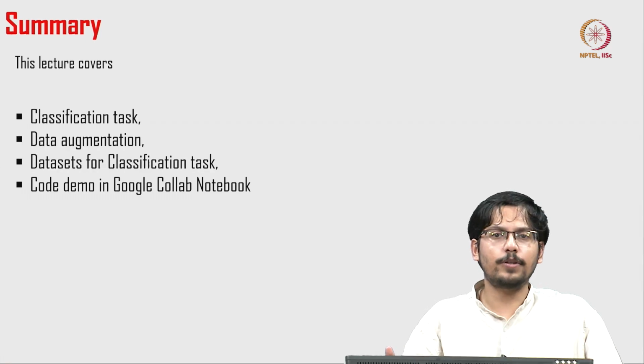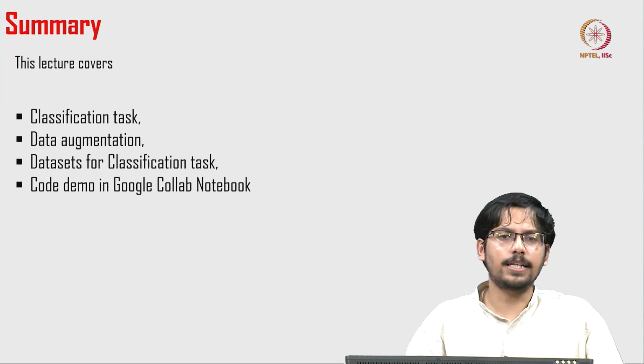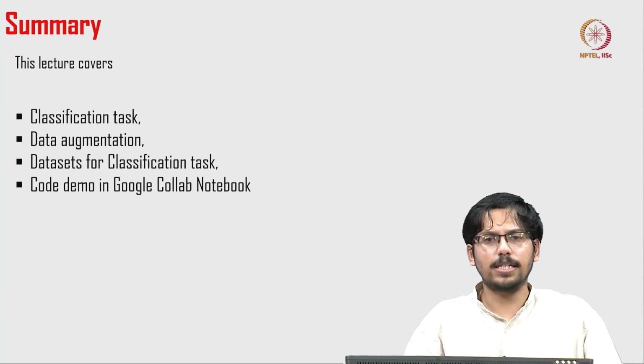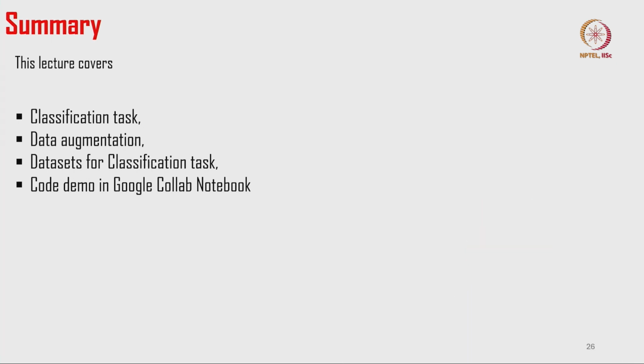we also quickly reviewed different data augmentation techniques. We saw how data augmentation techniques could be used to increase the diversity, right. We did a brief review of different data sets for classification task. Essentially we went over data sets which are used in a generic manner like ImageNet, CIFAR-10, MNIST and so on. We also saw certain data sets which are specific to aerial imagery.